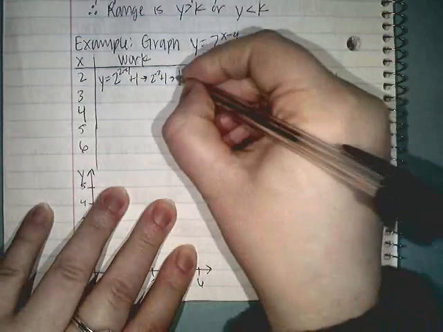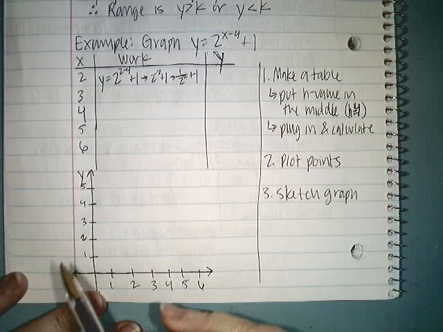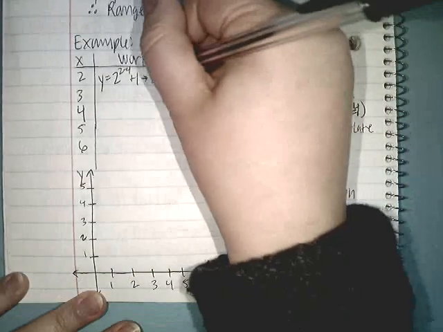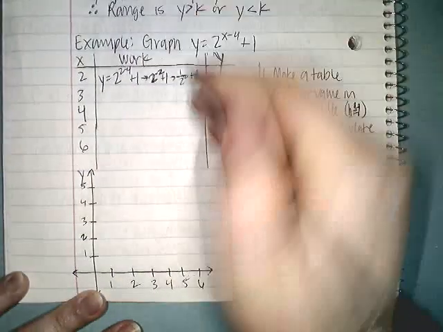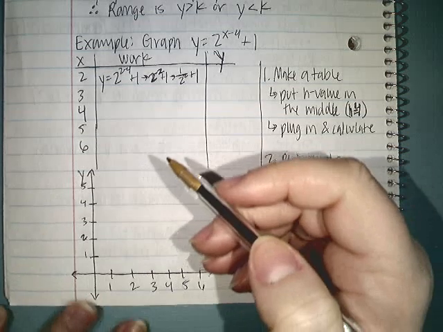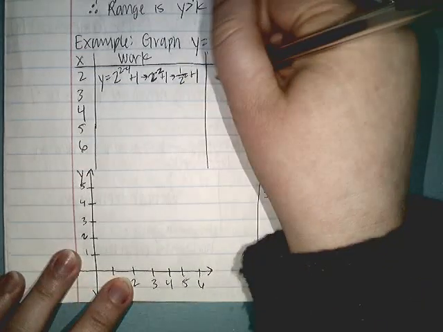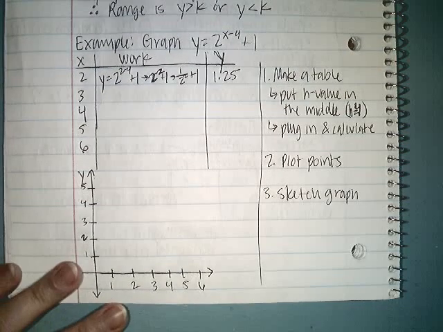If you notice that, this is why we did our rules of exponents earlier. So 2 to the negative 2 flips. If you can't read this, sorry, I'm trying to fit this in a small space. 2 to the negative 2 flips, it becomes 1 over 2 squared plus 1, which becomes 1 1/4, or 1.25.